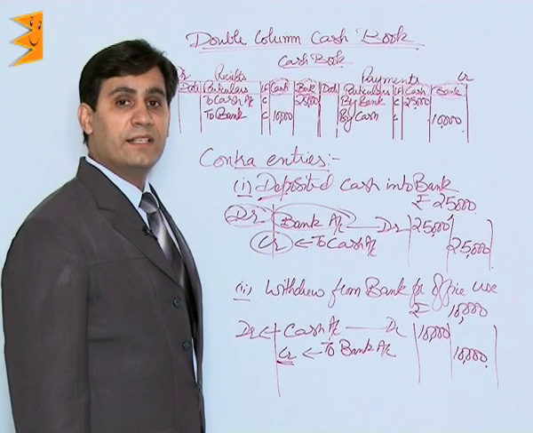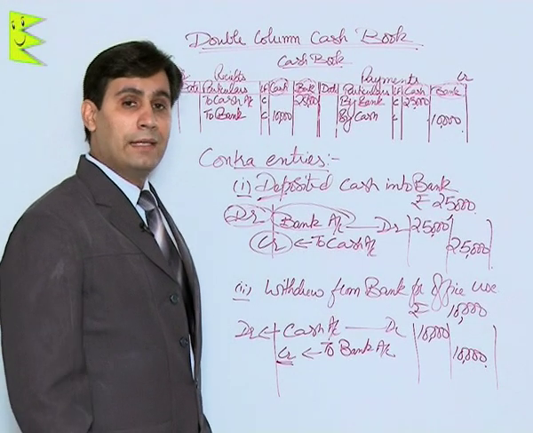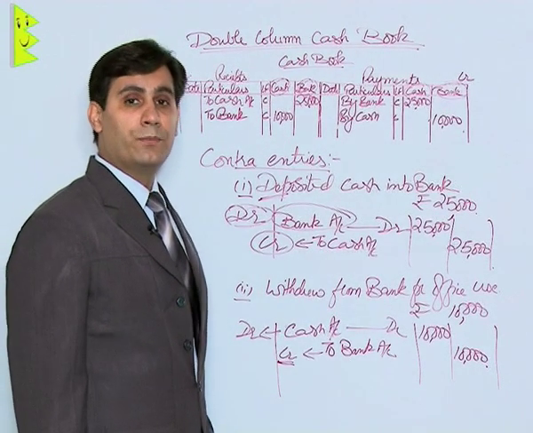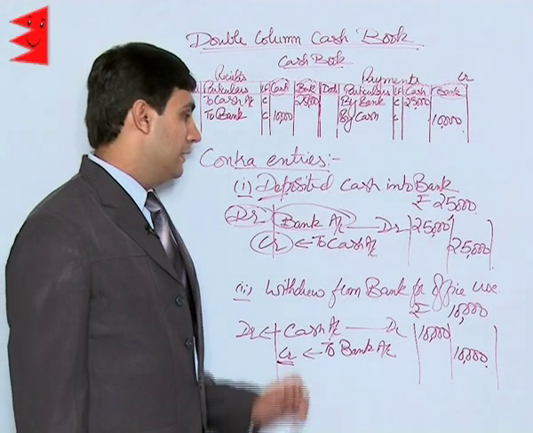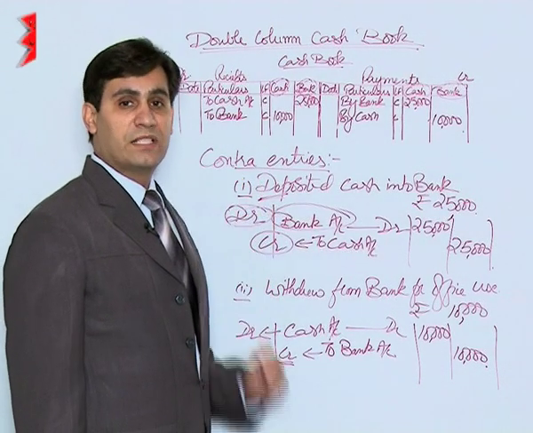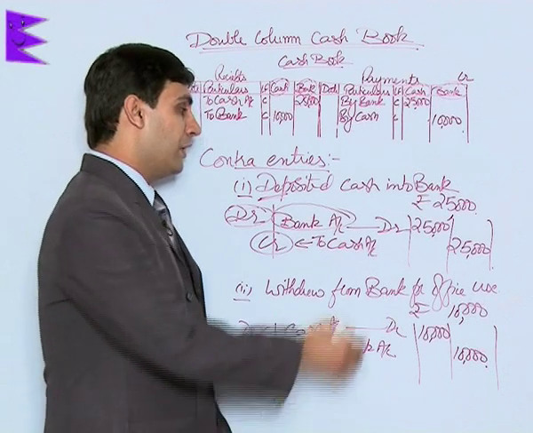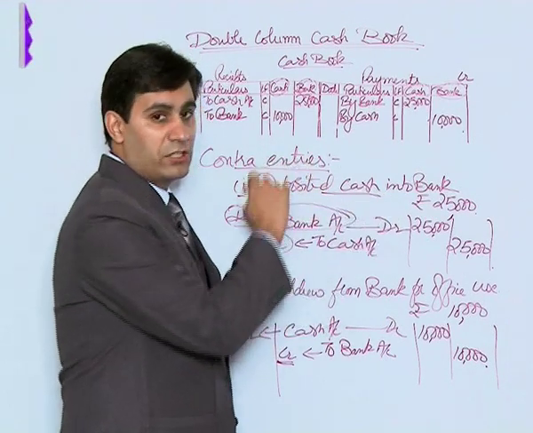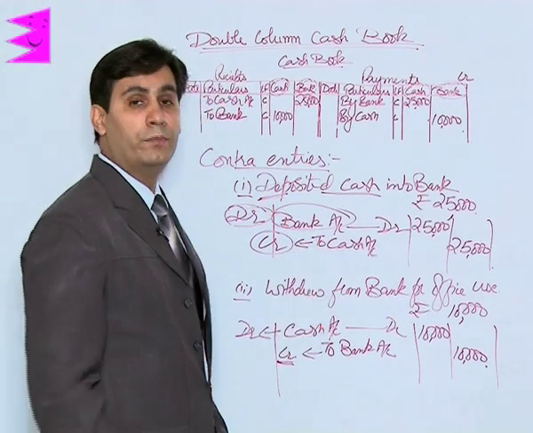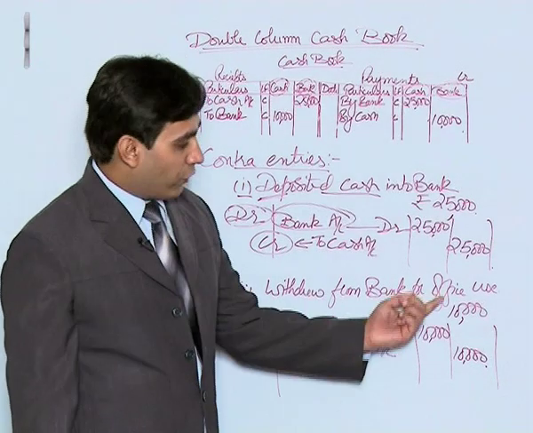So students, contra entries are the entries in which, unlike other transactions where only one posting is made in the cash book, two postings are made, and they are peculiarly of two types, that is deposited cash into bank and withdrew cash from bank for office use.